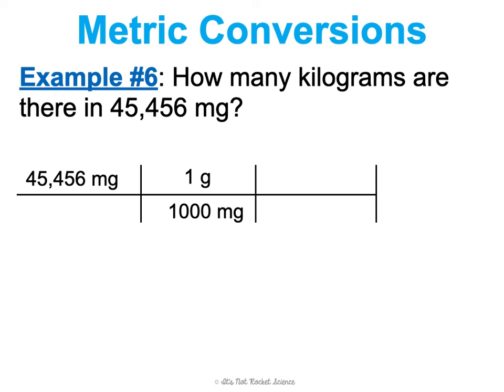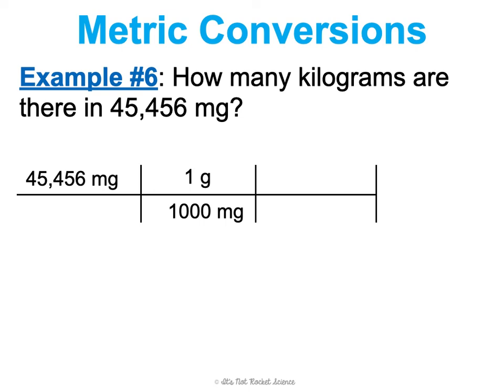So the next thing we want to do is, we have grams at the top now. Now we want to get rid of grams. So we're going to put grams at the bottom, okay? So the next step we're going to take is we're going to go to kilogram, all right? So we know we had gram at the bottom.